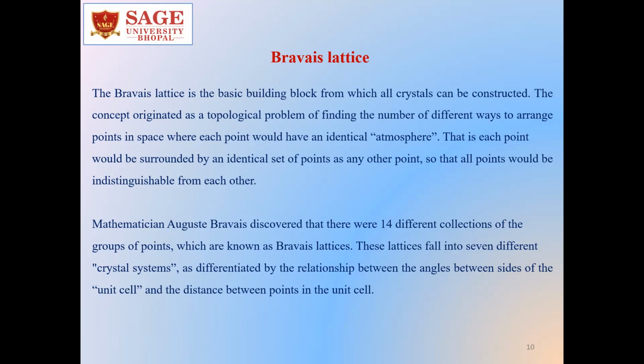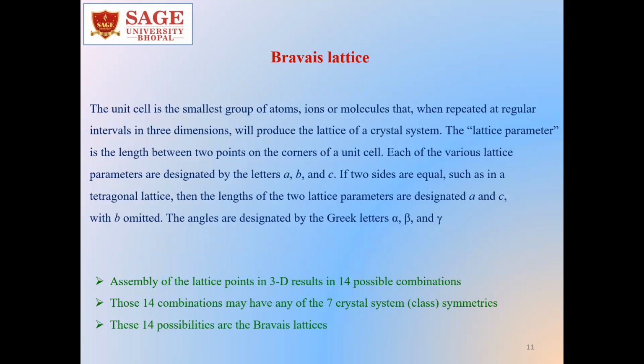Mathematician Auguste Bravais discovered that there were 14 different collections of groups of points, which are known as Bravais lattices. These lattices fall into 7 different crystal systems, which we have already discussed, as differentiated by the relationship between the angles between sides of the unit cell and the distance between points in the unit cells.